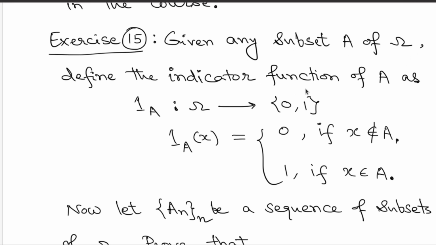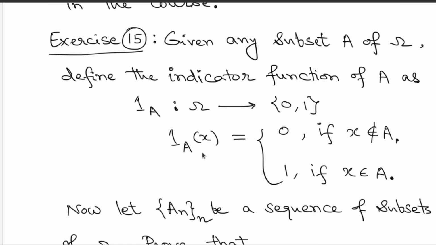Then the indicator function of the set A is this function, I will write 1 underscore capital A. It has domain Omega and takes value 0 or 1. If you take a point small x in Omega, then the indicator function will give you 0 if the point is not in the set A. Otherwise, if the point is in A, then you put 1. Okay, so that's the indicator function.